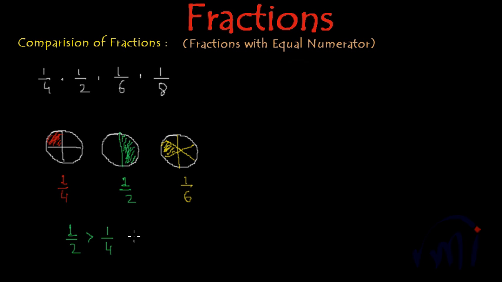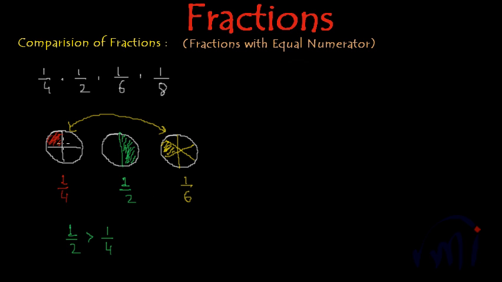So this shaded portion looks like 1 by 6, right? And if I compare these two, 1 by 4 and 1 by 6, here we have 1 out of 4 of the same circle, but here we are talking about 1 out of 6. So definitely 1 by 4 is bigger than 1 by 6, right?